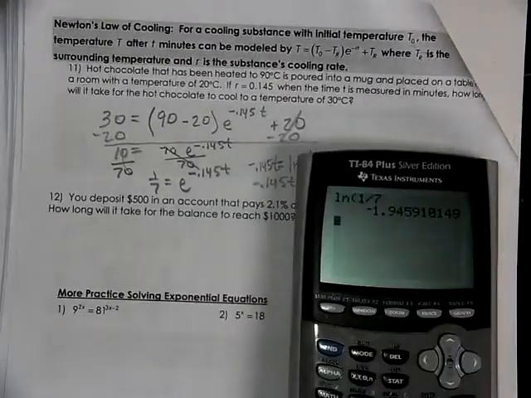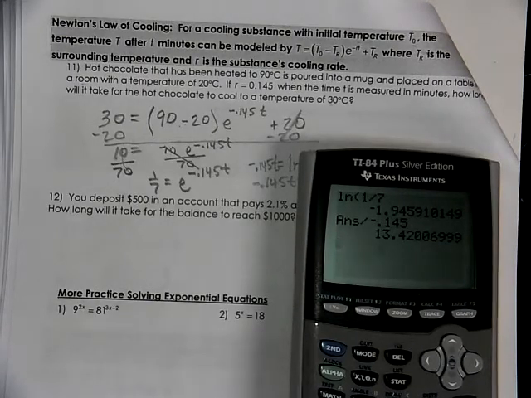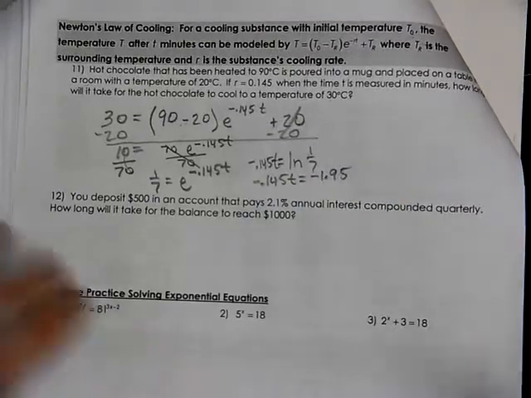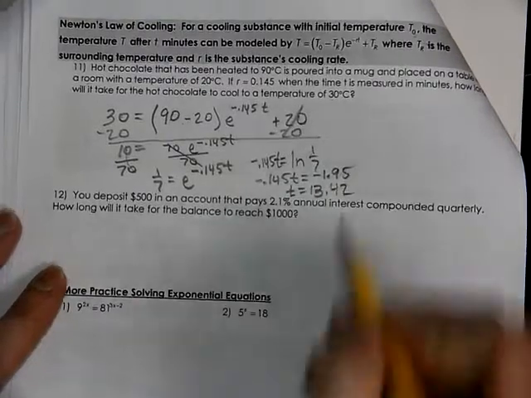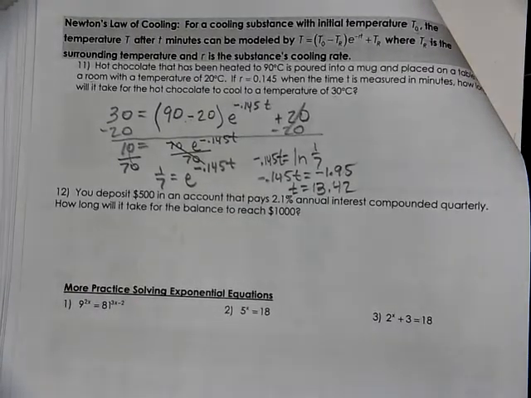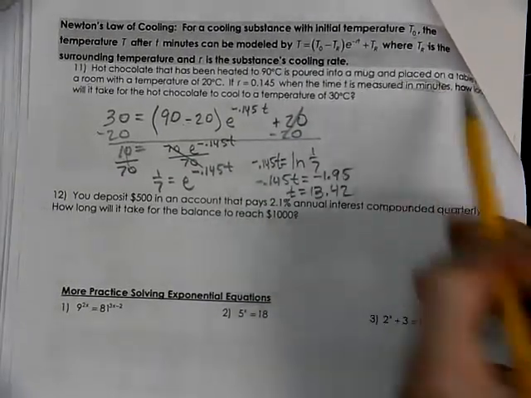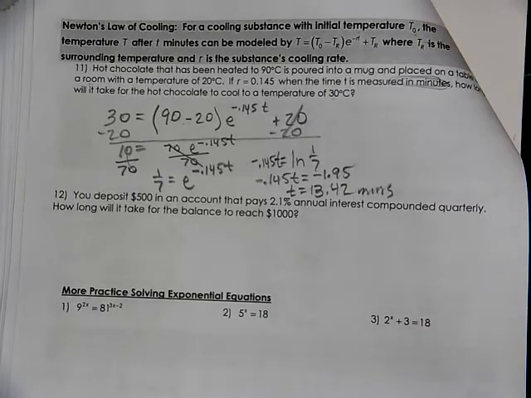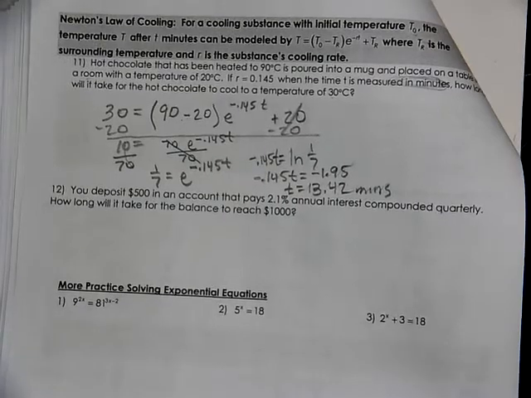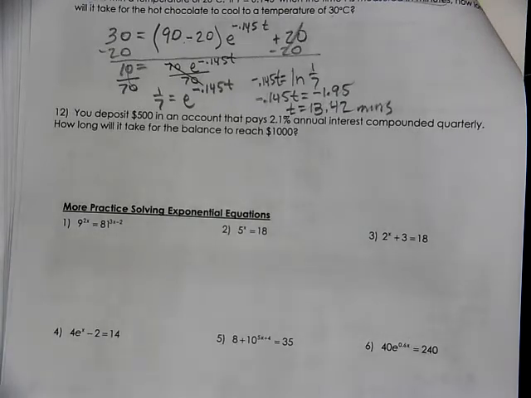We'll divide by the negative 0.145, and we get this 13.42. So 13.42, these would be minutes. T is measured in minutes. So crazy formula, but we're still just solving for the value of t, solving for an exponent. We're going to need to use a logarithm.